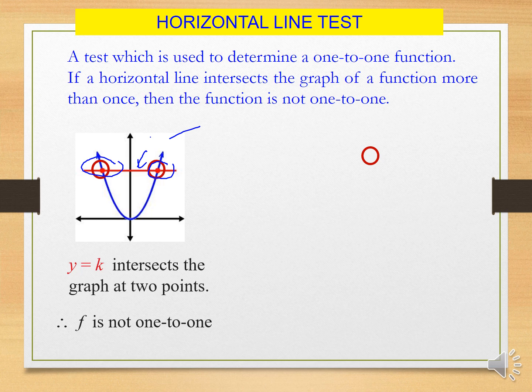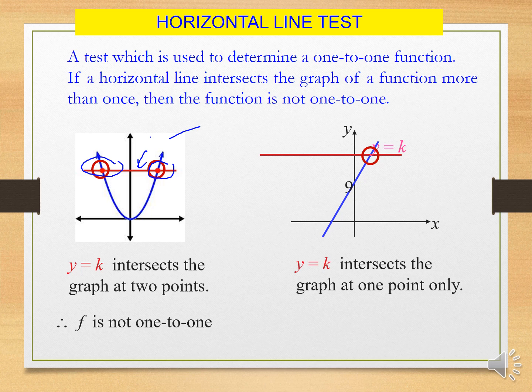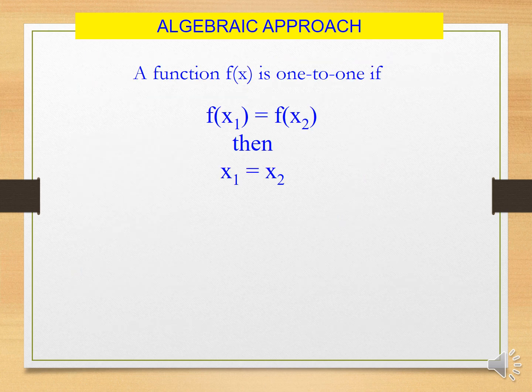For the second graph, a linear function, when we draw a horizontal line y equals k, there is only one intersection point with this graph. Therefore, this is a one-to-one function. By using the algebraic approach, a function f(x) is one-to-one if f(x1) equals f(x2), then x1 equals x2.